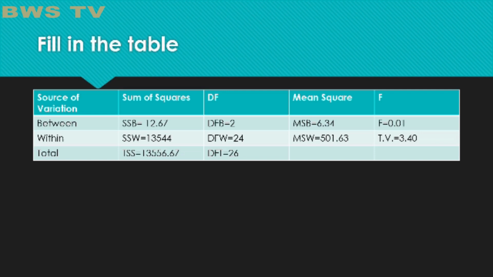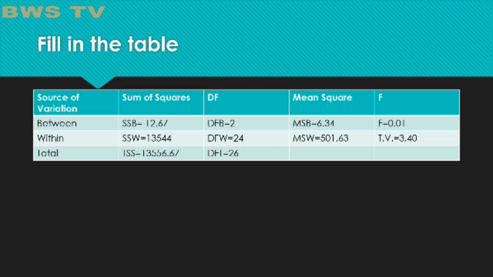Source of variation: between, within, total. Sum of squares: SSB is 12.67, SSW is 13,544, TSS is 13,556.67. DF: DFB is 2, DFW is 24, DFT is 26.